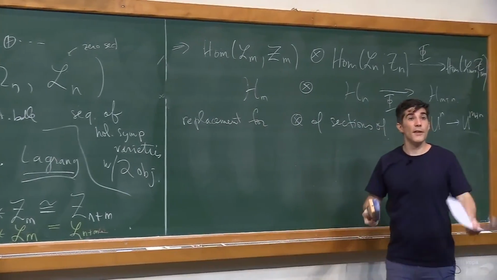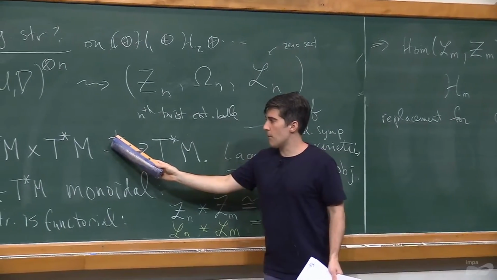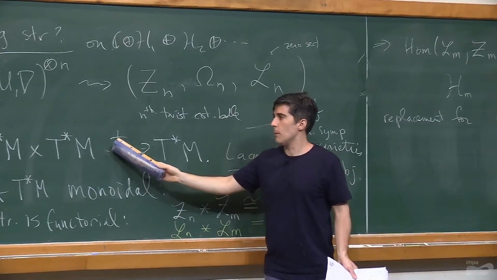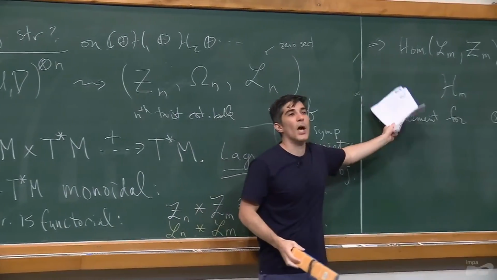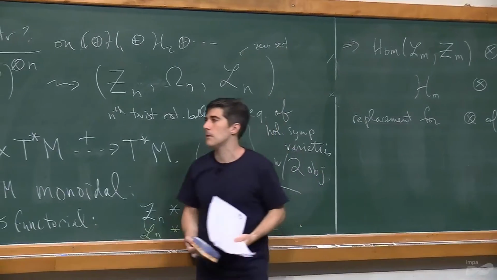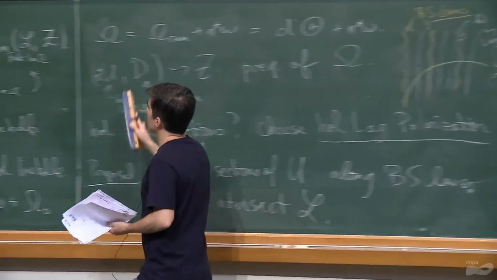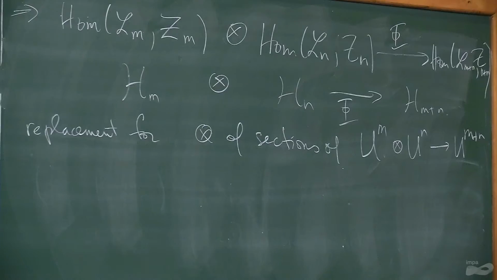And the cool thing that happens is that when this deforms to a symplectic groupoid, which is non-trivial, like not the cotangent bundle, then this algebra will become non-commutative. And that's the mechanism by which the thing works. Okay, so I've told you basically what the idea is.